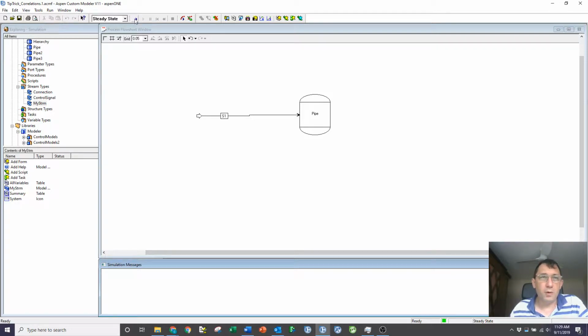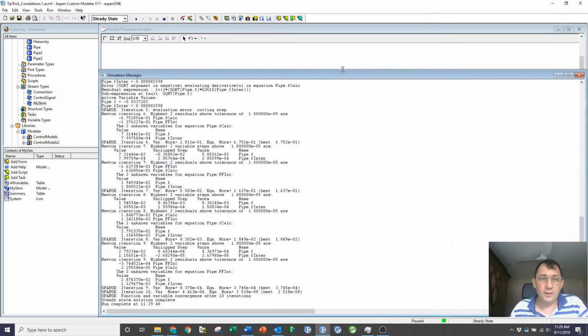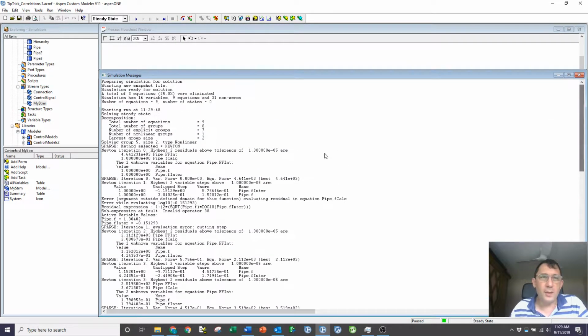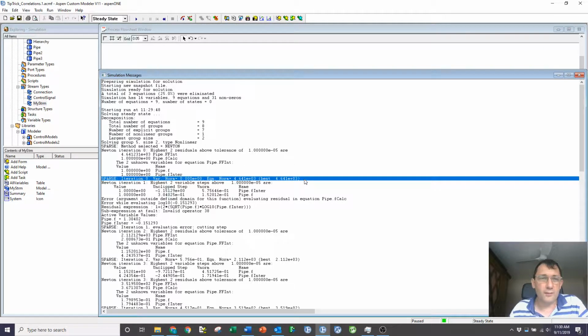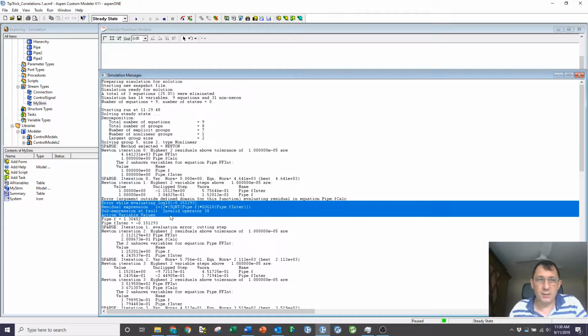Okay. So now let's see, does this work? So let's hit run. And you can see it does, it converges, but it's taken 10 iterations, which is quite a lot. And if I have a look back up at some of this debug information, you can see that I'm starting off with a fairly large error. It runs through and it's running into the log of a negative number.